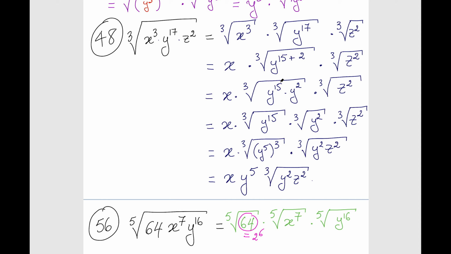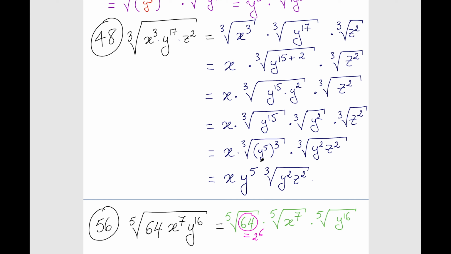Y to the power 15 plus 2 is y to the power 15 times y squared. And then you use the product rule to split this product, right? Remember the nth root and multiplication commute. So you do this. And then 15 is 5 times 3.